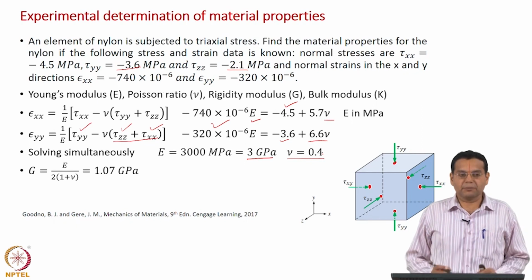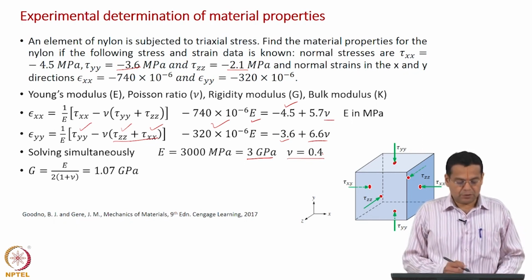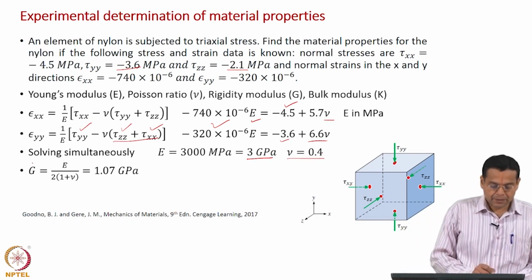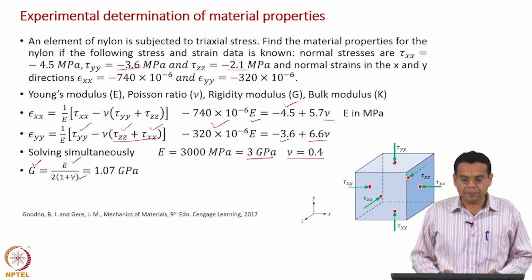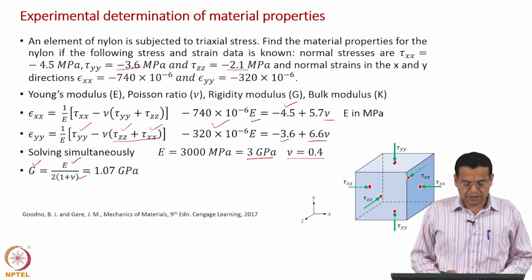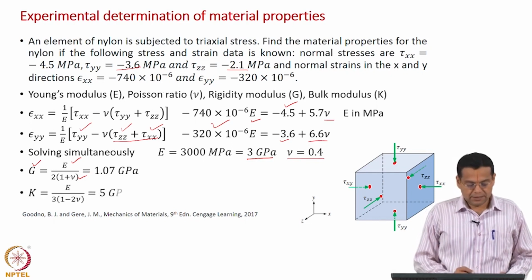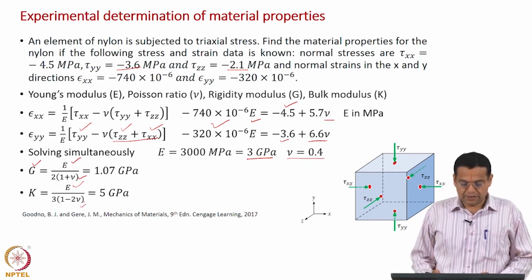We have only two independent properties, and we have solved for them. So, we know the relationship between the shear modulus, E and nu. Simple substitution will give you the shear modulus 1.07 gigapascal. We can also find the bulk modulus; we know E and nu, and when you substitute we get 5 gigapascal.